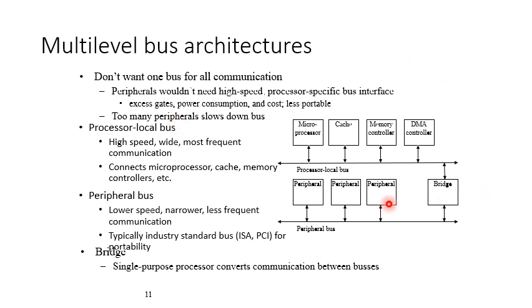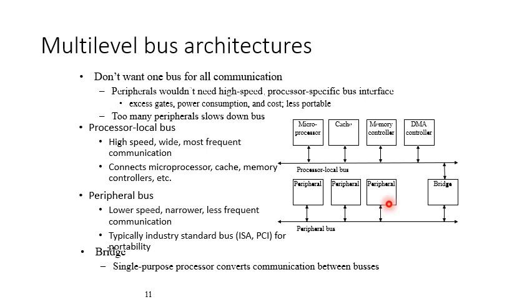We also do not want a processor-specific bus for everything, because a processor-specific bus requires more power, is costlier, and has excess gates. If we have too many peripherals connected to a processor-specific bus, it is going to slow down the bus.